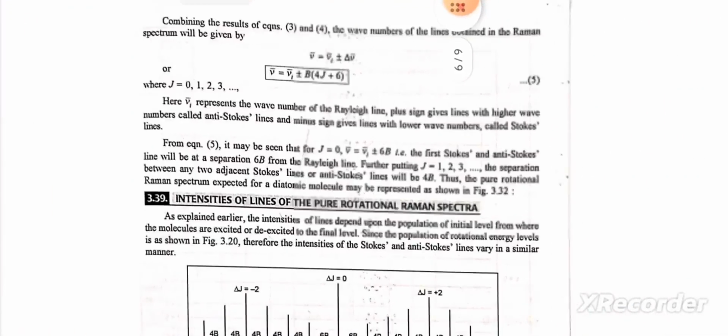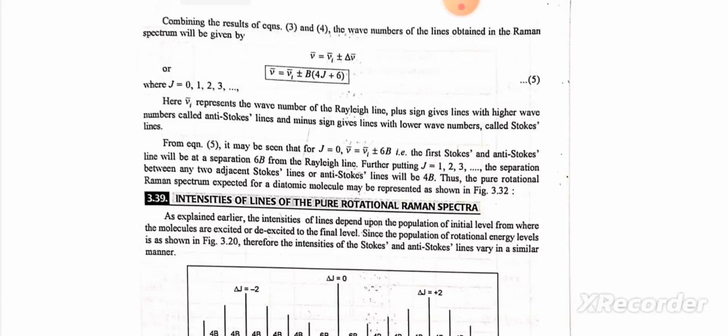Combining the results of equations 3 and 4, the wave number of the line obtained in the Raman spectrum will be given by mu bar is equal to mu I bar plus change in wave number, mu bar is equal to mu I bar plus or minus B (4J plus 6), where J is equal to 0, 1, 2, 3 and so on up to infinity.